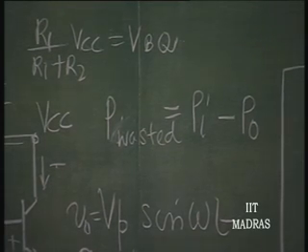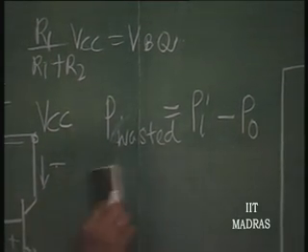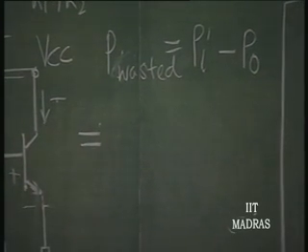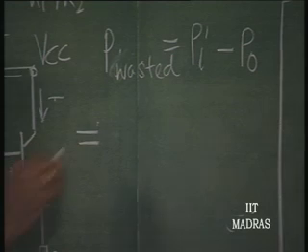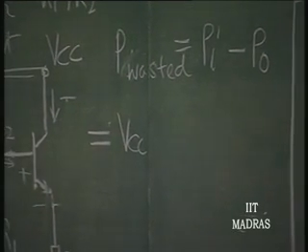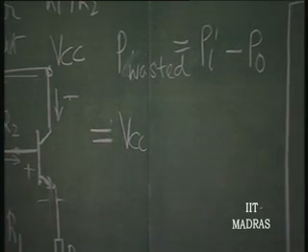What is the power inputted? Let us see. Power inputted is going to be Vcc, that is the DC, into IQ, because AC is not going to cause any power.